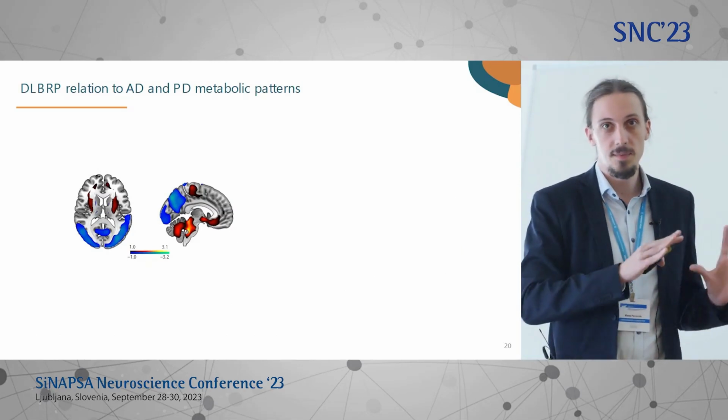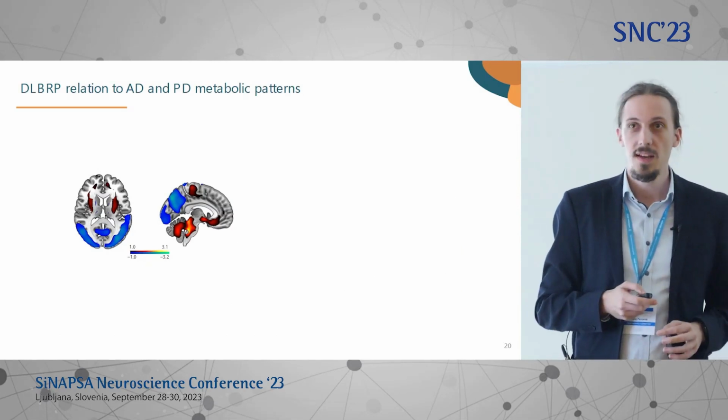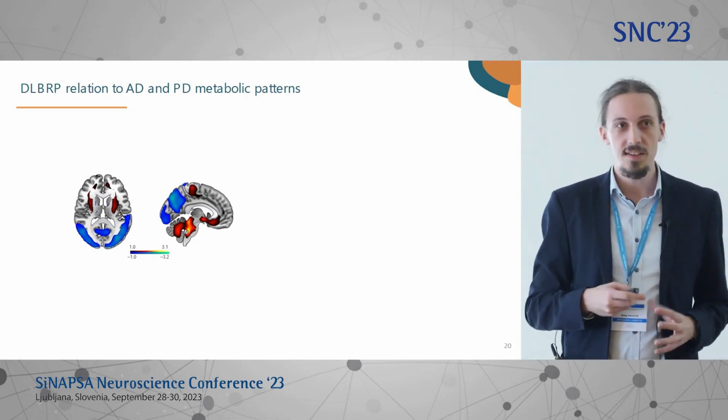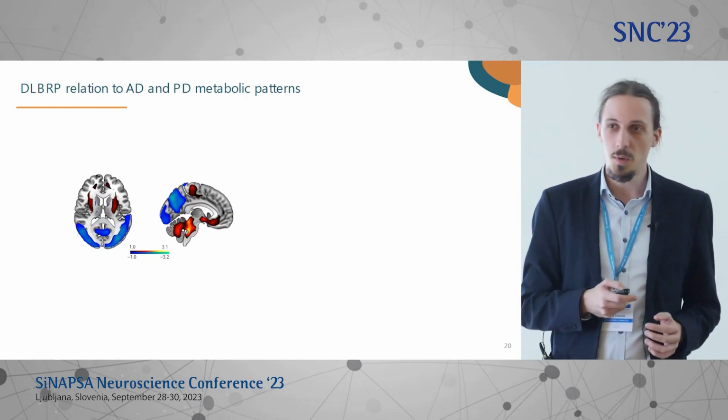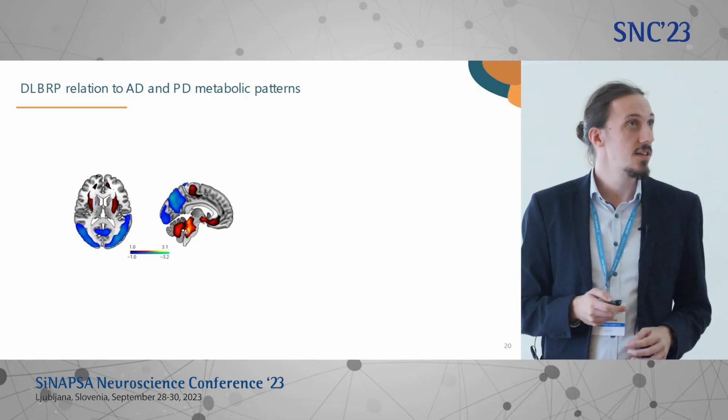As I said, DLB can be related both to Alzheimer's and Parkinson's disease, and we then asked ourselves if we can quantify how these patterns are overlapping or related to one another.